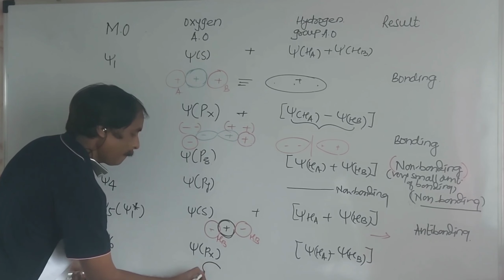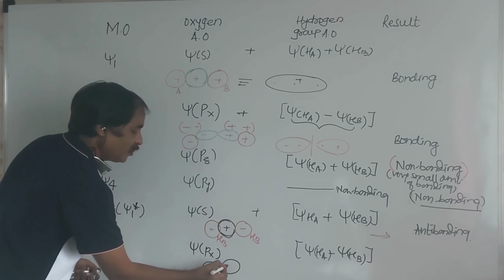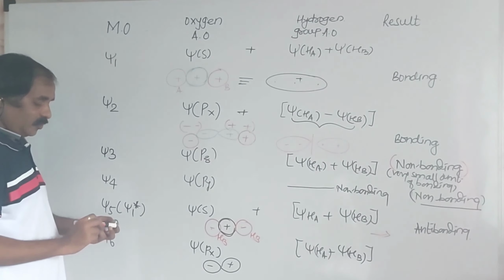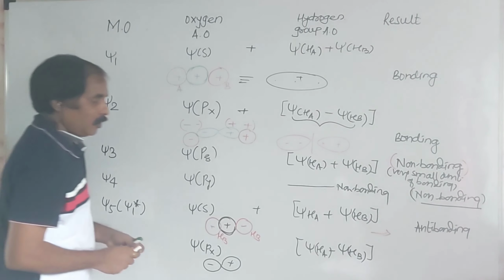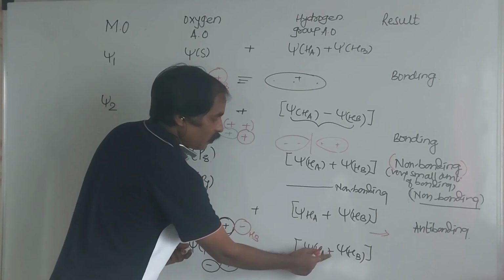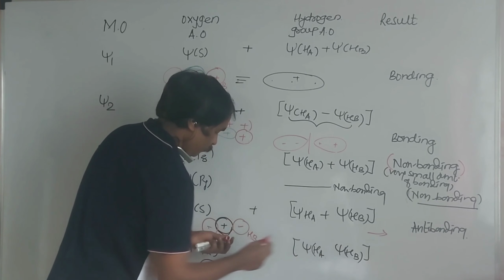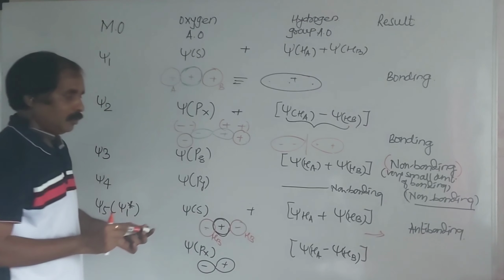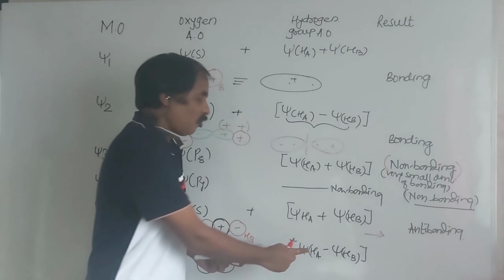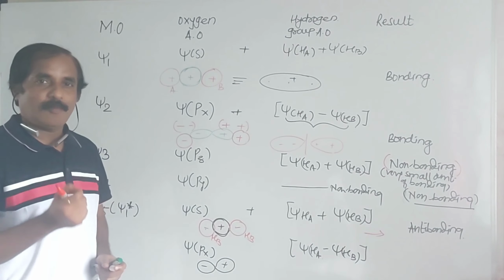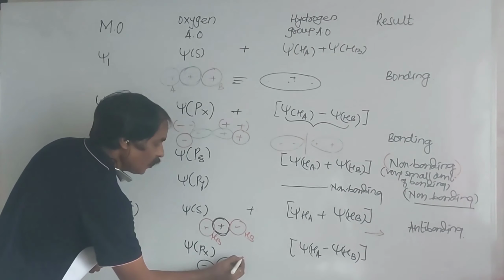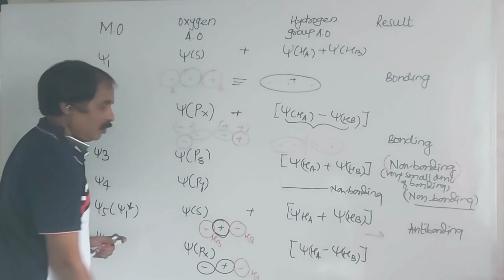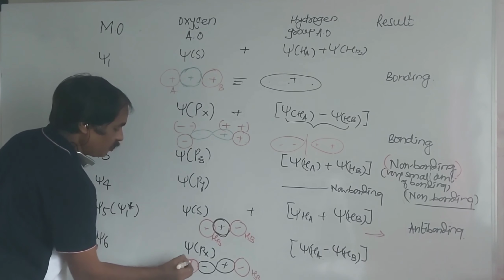Here it is px, this is positive amplitude, here it is negative. Here it is negative. I have taken S atomic orbital with positive and S atomic orbital with negative. Suppose here it is negative. Here it is HB, negative. HA, here it is positive.